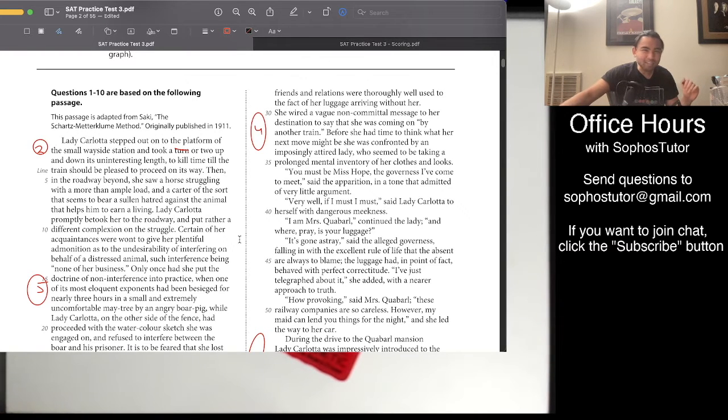She wired a vague, non-committal message to her destination to say that she was coming on by another train. Let's finish this sentence here. Before she had time to think what her next move might be, she was confronted by an imposingly attired lady who seemed to be taking a prolonged mental inventory of her clothes and looks.